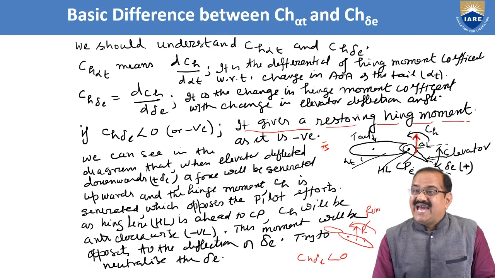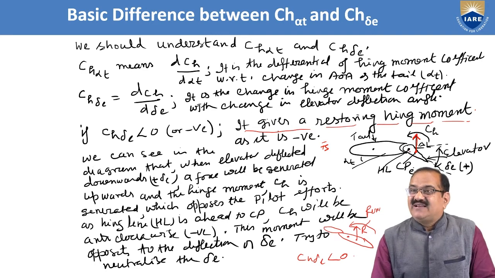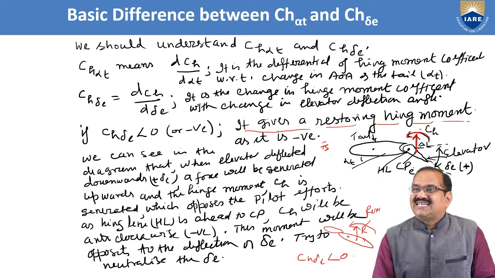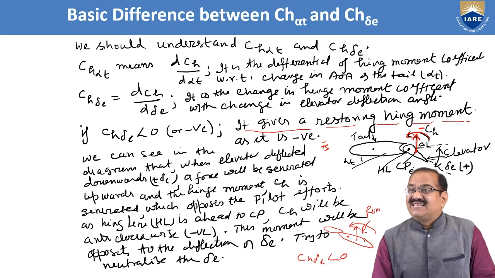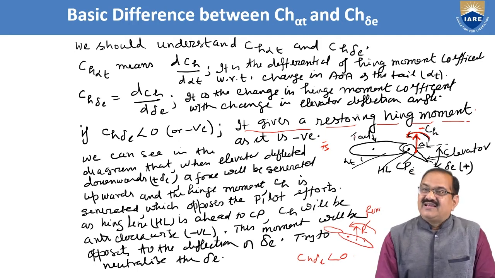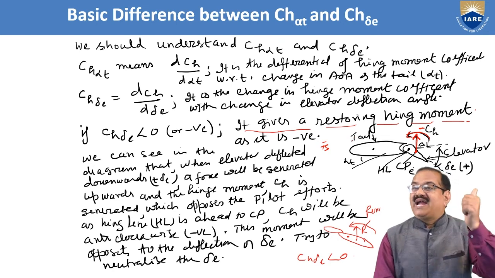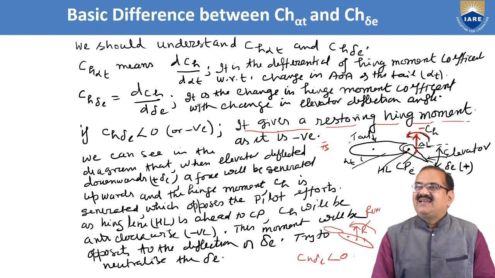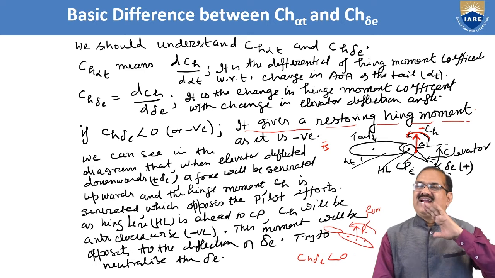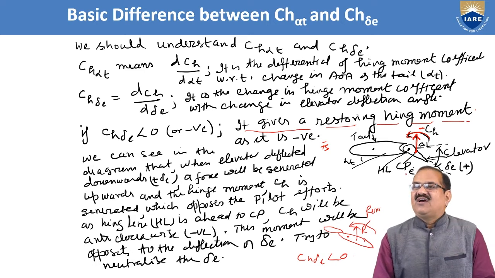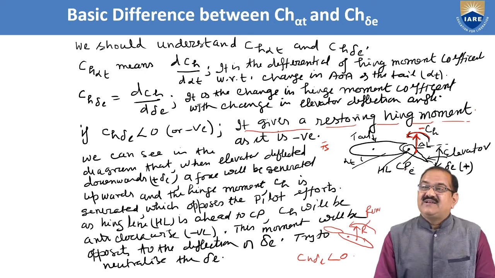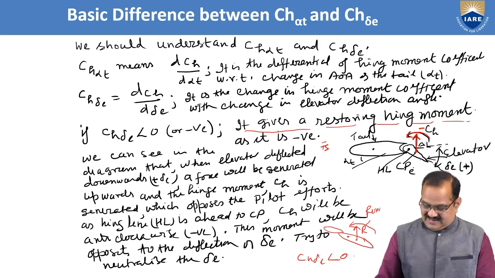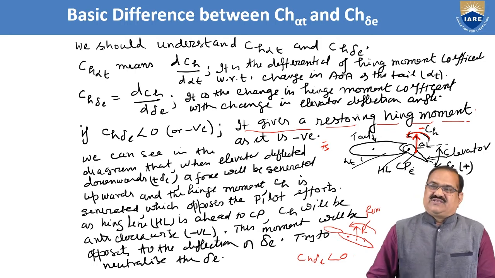This lift force, as CP is behind HL, will generate a negative CH. This negative CH will counter the moment applied by the pilot, and the pilot will feel that he has not applied any force. That is the beauty of this system.